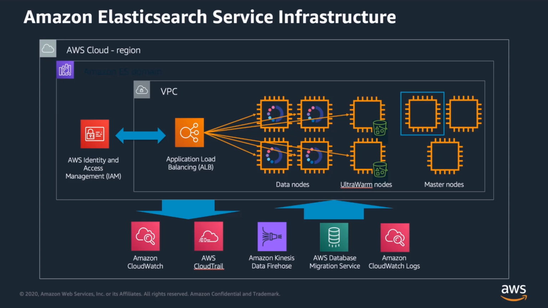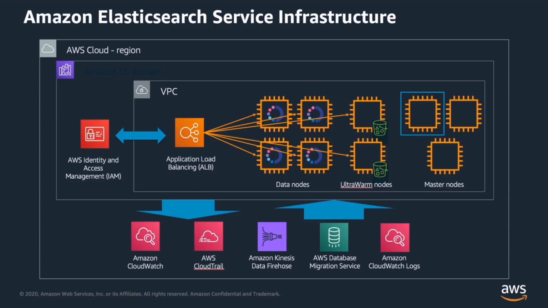It automates the creation and it creates a cluster within your own VPC or virtual private cloud, so that you can enforce your specific network and security rules that are appropriate for your organization.